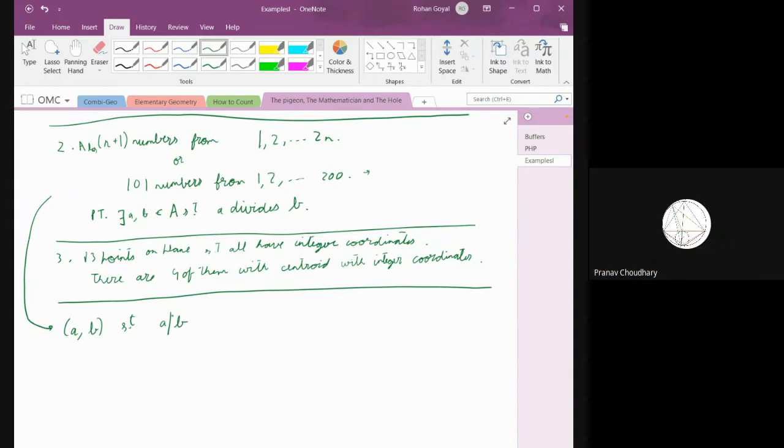Wait, we can use the fact that if A divides B, B is at least twice A. How do you use that? So what I said earlier, B is at least twice A, right? So we need to pick 101 numbers from this set such that one number is at least twice the other.